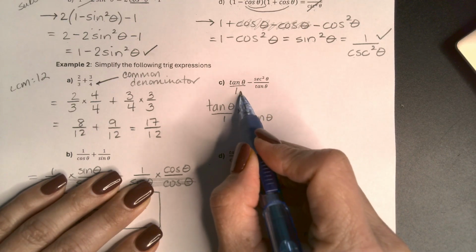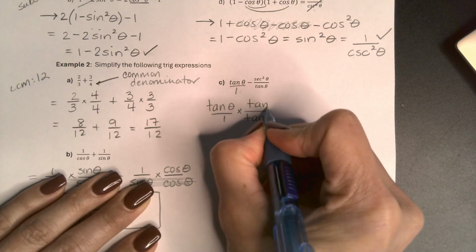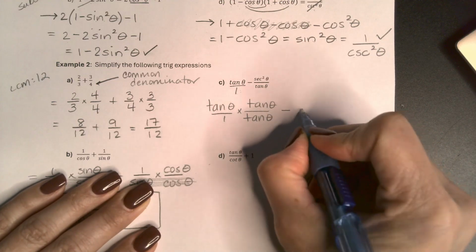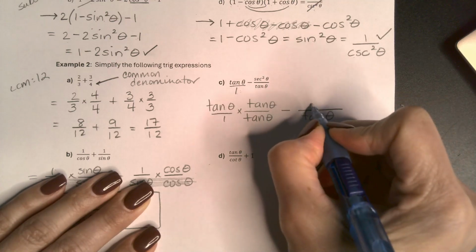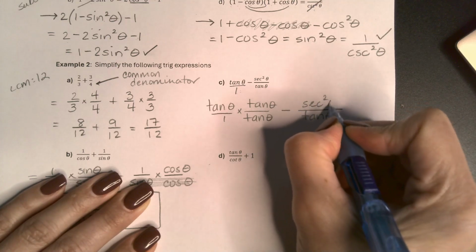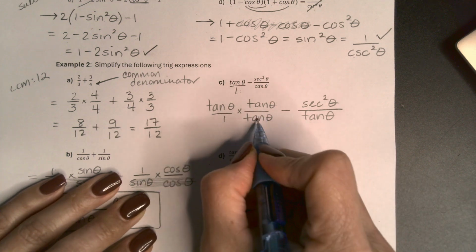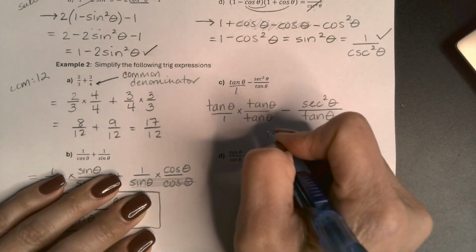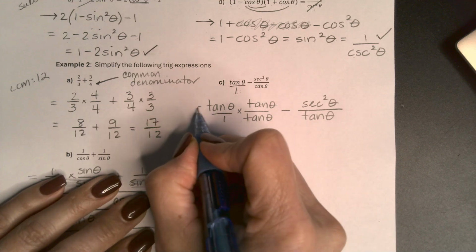So I'm going to multiply it by tangent and need to do it upstairs as well. And it so happens that this other fraction can just sit tight until we get the other one with the common denominator so that we can bring them together. Okay, so this is going to turn into tan squared over tangent theta.